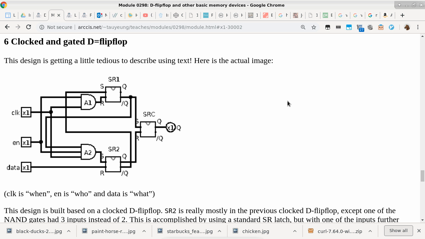But this one also has a clock input, which means it is edge sensitive, okay? Nothing happens except for the moment when the clock goes from 0 to 1. But this has both the enable and the clock. So what is the deal here? What do you think?